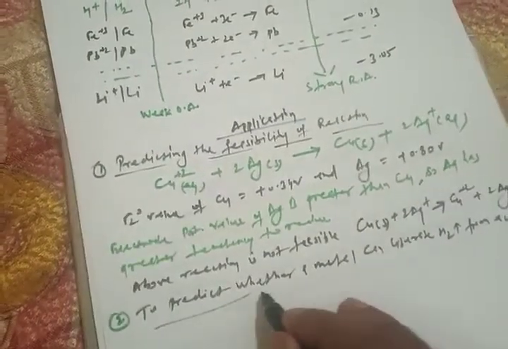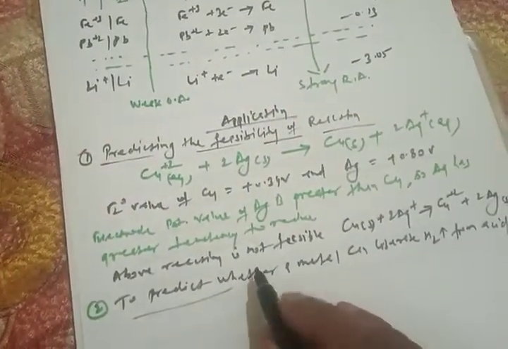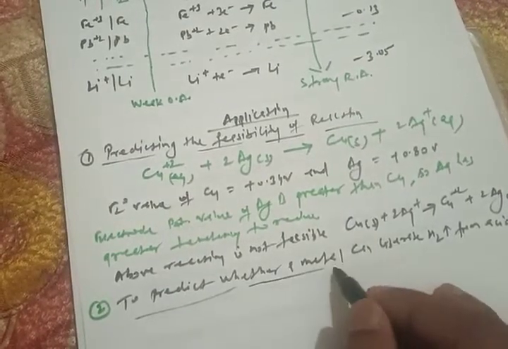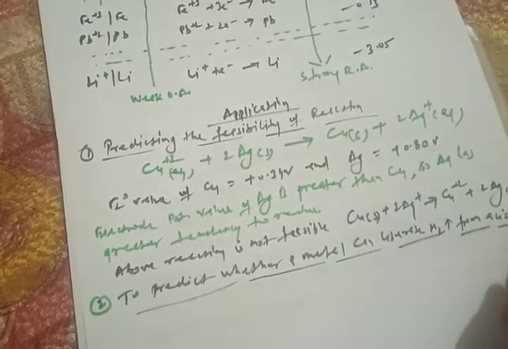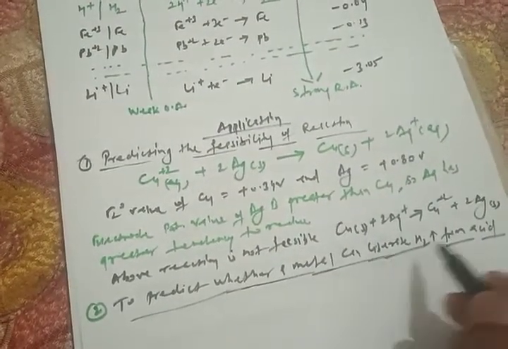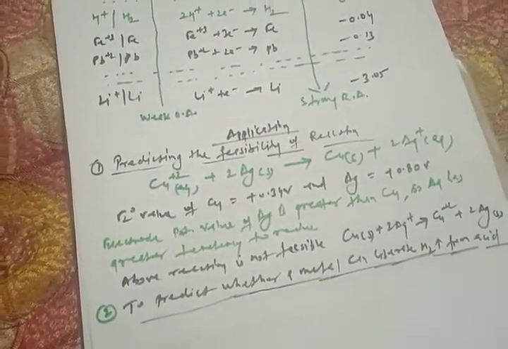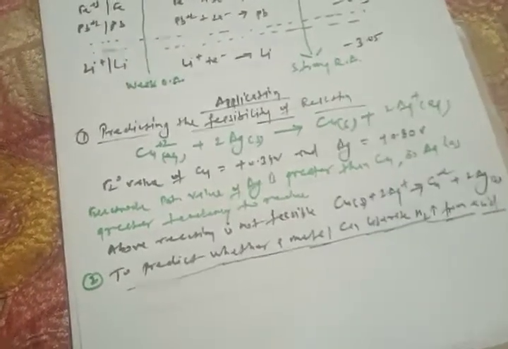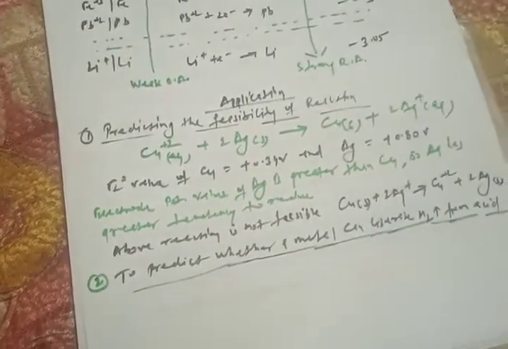So this is the second application: if you have a metal and you want to know whether it is able to release hydrogen gas, this also we can explain on the basis of the electrochemical series.